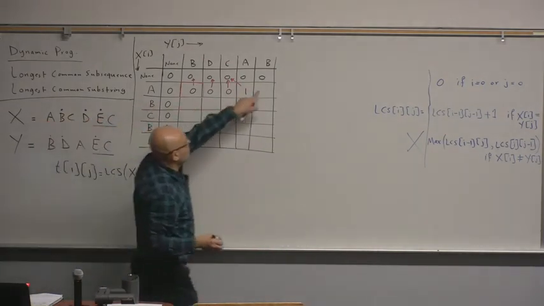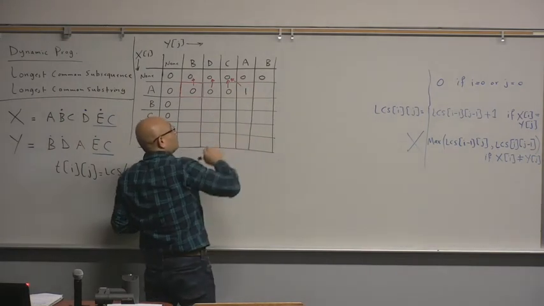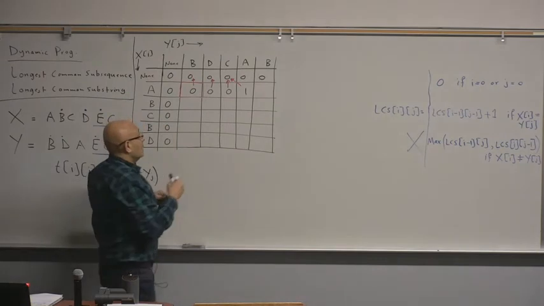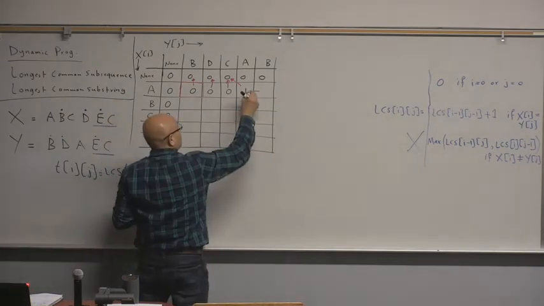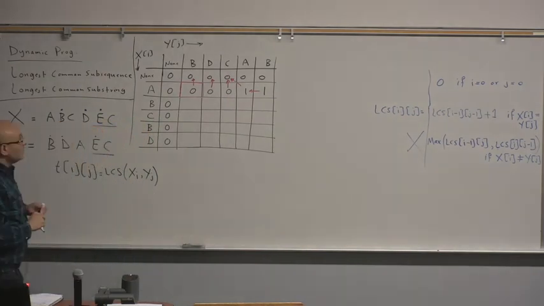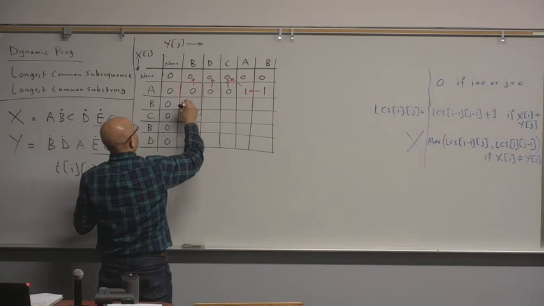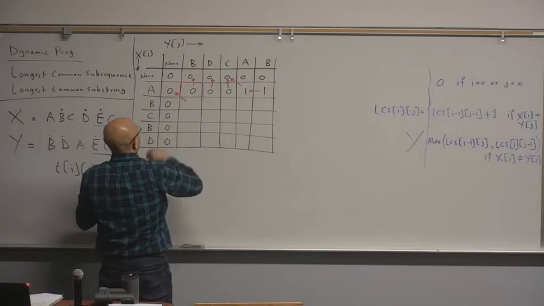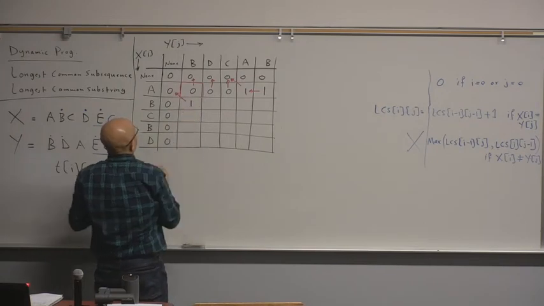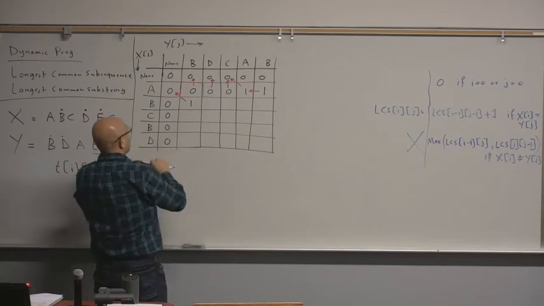Now these are different. So again, we compare the row above with the column before. Now which one is greater? 1, the column before. So we take the 1. Now these are equal, so it's diagonal because they are equal. And that's going to be 1. Different, which one is greater?